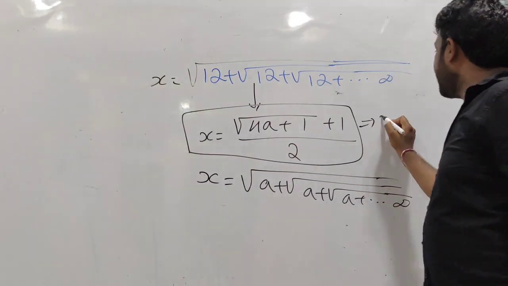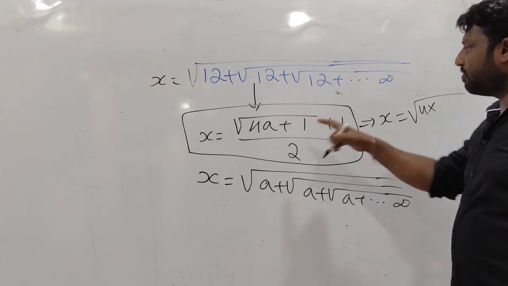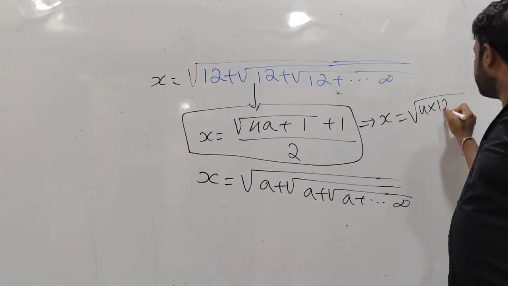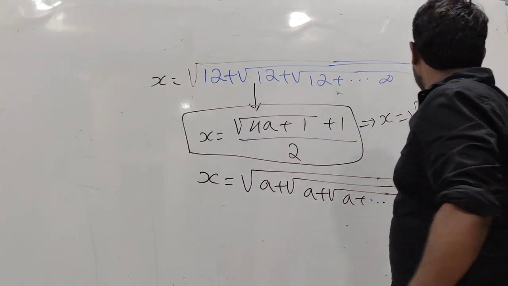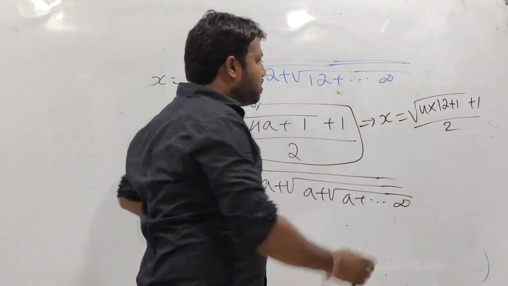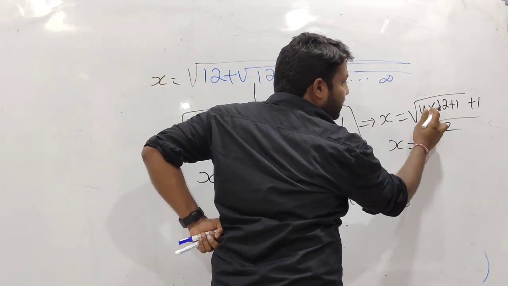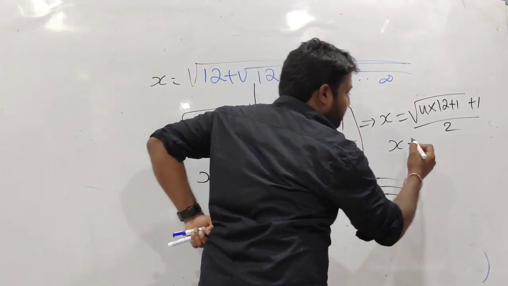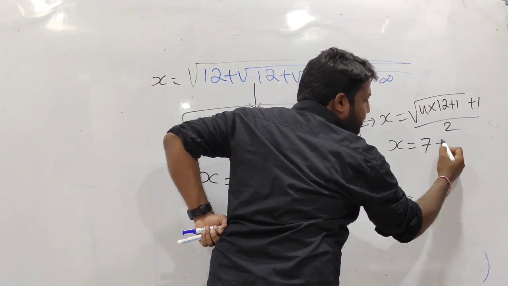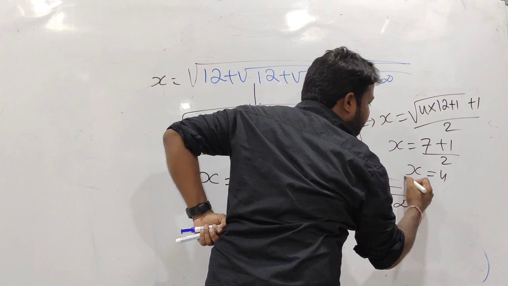So directly I will write x is equal to root of 4 into 12 plus 1, plus 1, by 2. 12 fours are 48, plus 1 is 49. So x is the root of 49, which is 7, plus the extra 1, by 2. 7 plus 1 is 8, and 8 by 2 is nothing but 4.